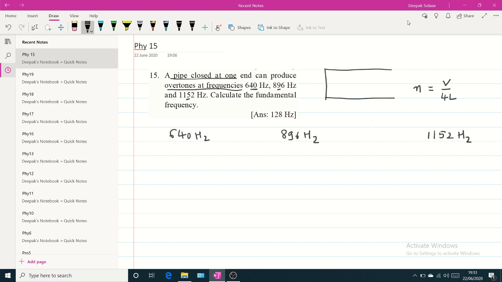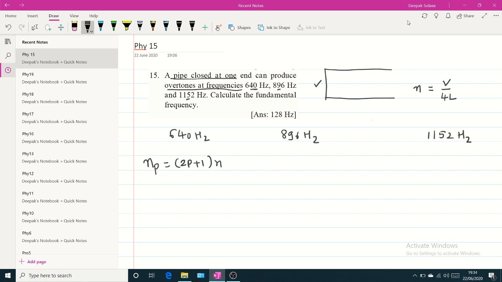So in order to represent the frequency of any overtone, the frequency of the pth overtone will be equal to, in a pipe closed at one end, the frequency is an odd multiple of n, so (2p + 1) into n.